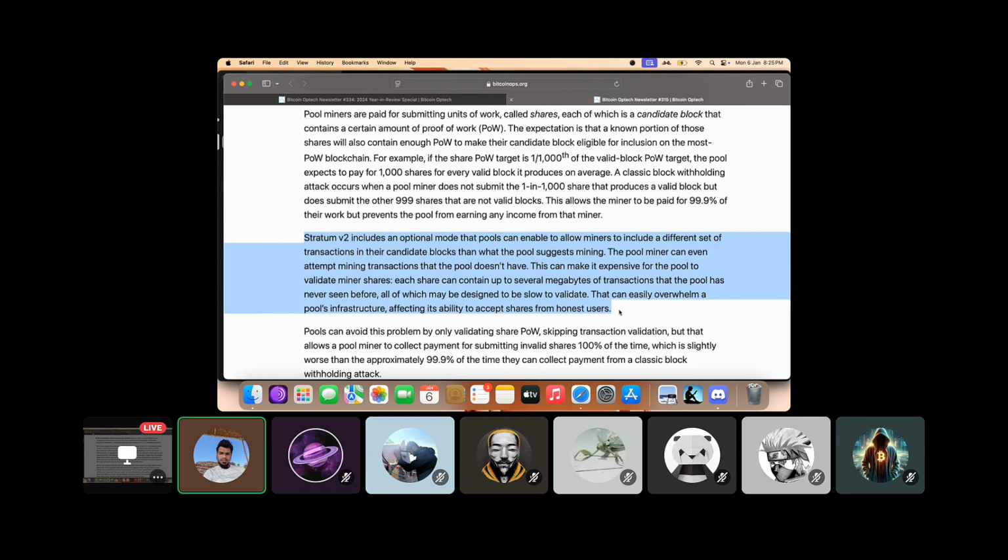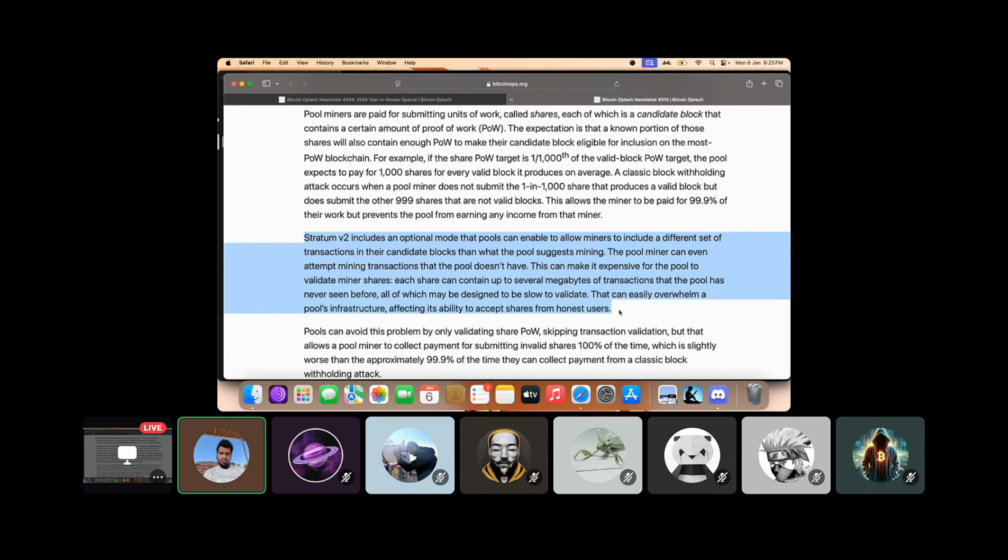And what if you're working with hundreds and thousands of miners, all of them having a different looking mempool? Every single time to validate a share, you will have to validate that the block has valid transactions. And every single time you have to validate new transactions because obviously everybody's mempool is now heterogeneous, containing different sets of transactions. So it increases the overheads of the mining pool, right?